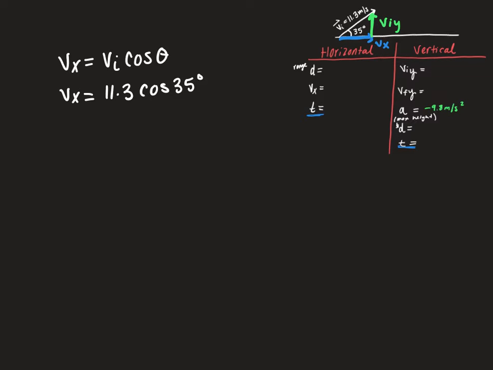That's what matters. So then 11.3 times the cosine of 35. When you multiply that together, you get 9.26 meters per second. So, Vx. So horizontal velocity is 9.26.